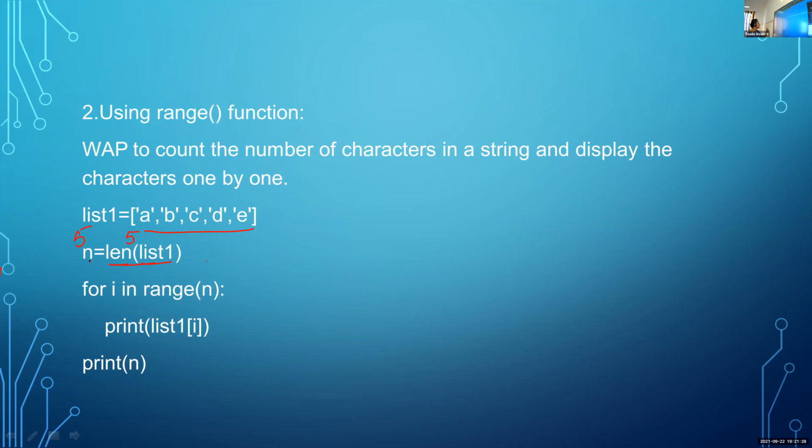Okay. Then next it is the for loop. Here range of n means the value of n is 5. So range of 5. What is range of 5? It is 0, 1, 2, 3, 4. These are the values of range of 5. A set of values are there.